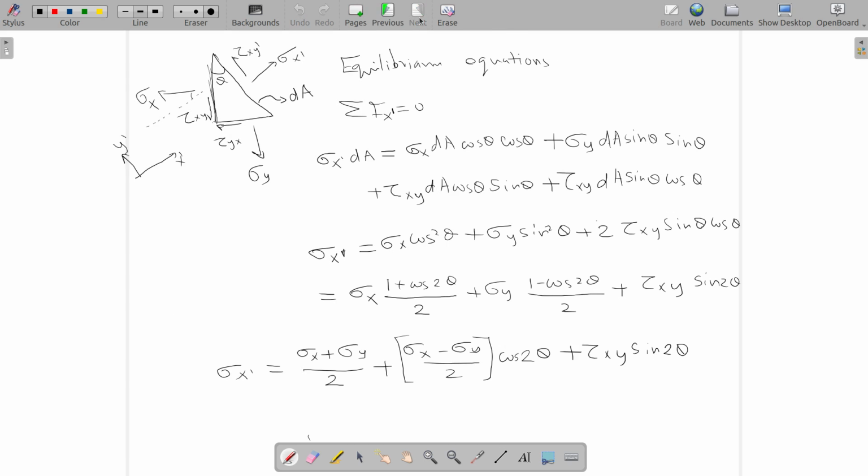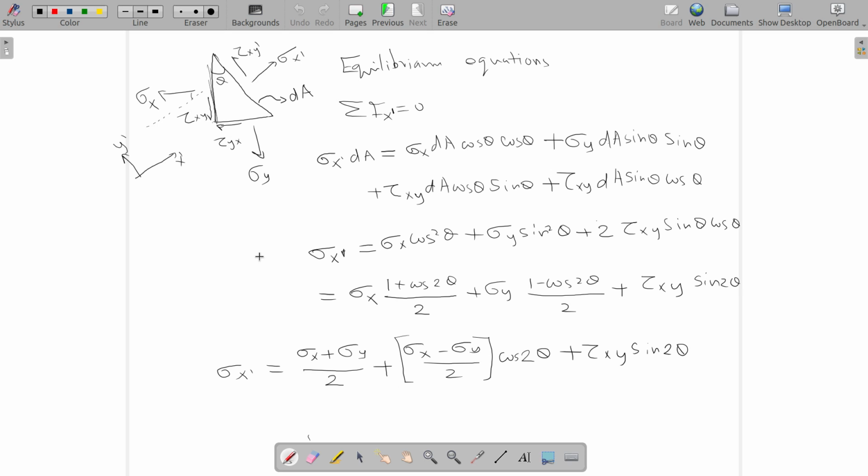You must not use the direct equation here. So let's take a general case, general state of stress, meaning a 2D state of stress with normal stresses sigma x, sigma y, and shear stress tau xy. The sigma x dash, which you obtain by rotating the coordinate by an angle theta, will be equal to this quantity.